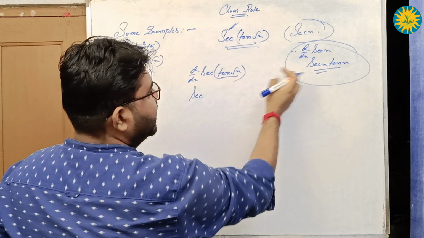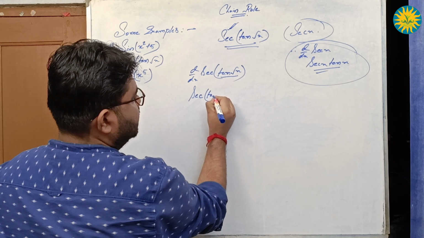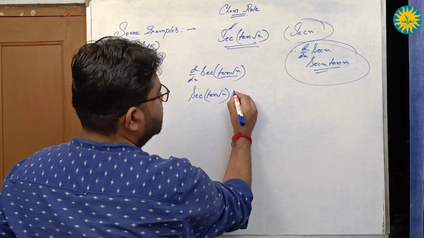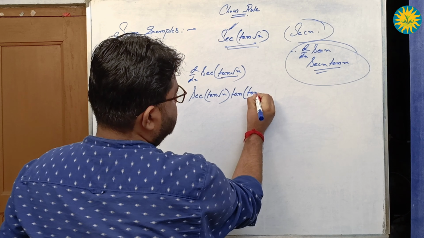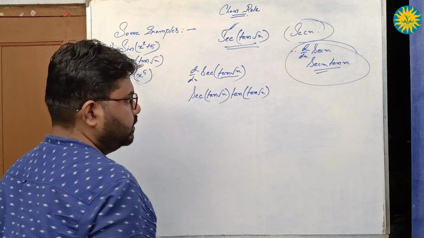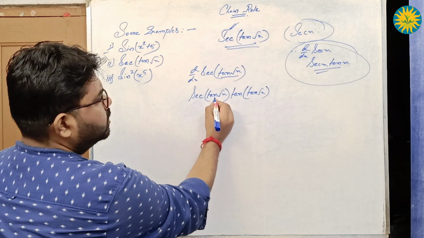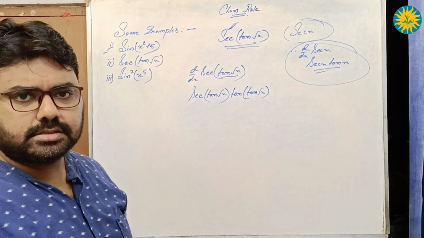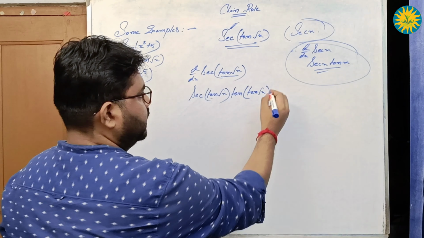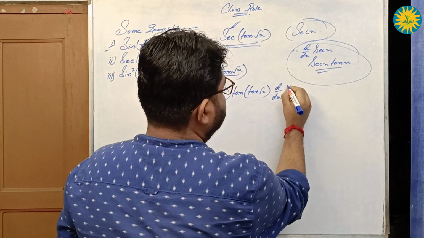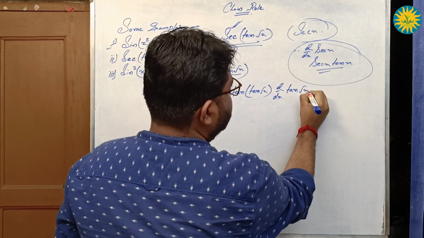We will replace x with tan of root x, so sec of tan root x into tan of tan root x. Now, this is not x, this is tan of root x, so we have to separately differentiate tan of root x. Therefore, d/dx of tan root x.